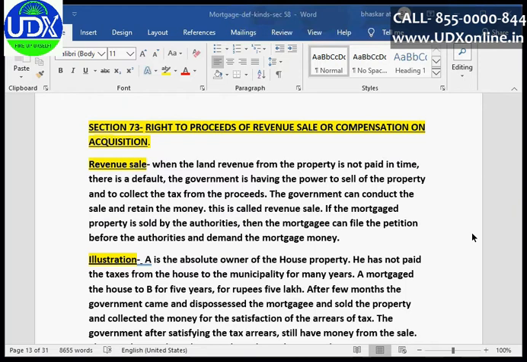Government is having the right to lawfully, I'm using the word lawfully, acquire the properties of private persons for a lawful purpose which is beneficial to the common public.